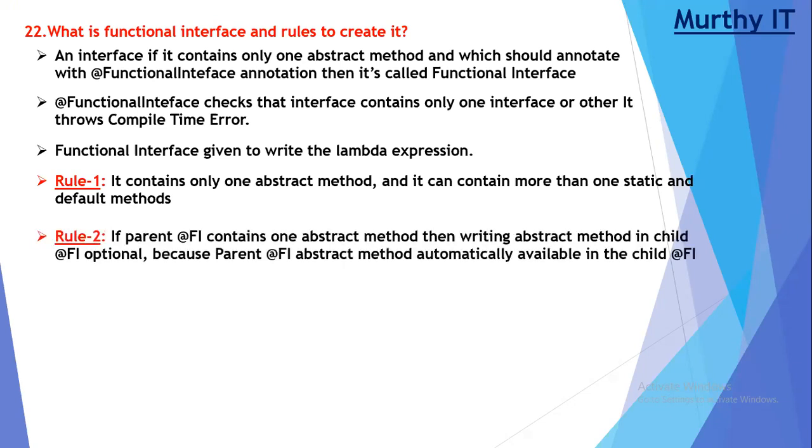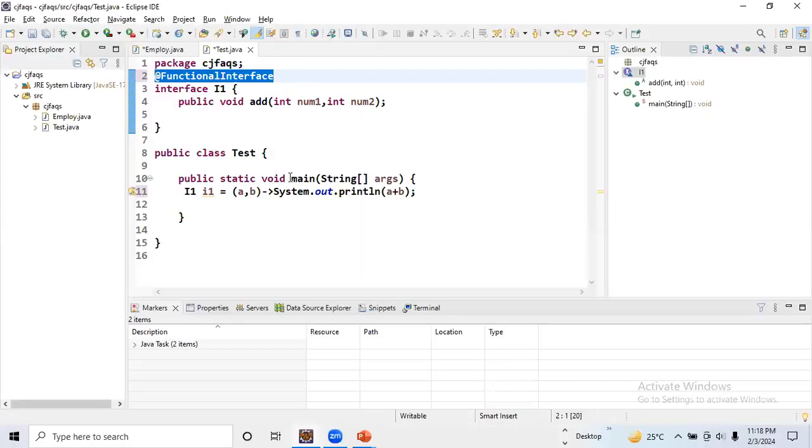Rule 2: if a parent functional interface contains only one abstract method, writing the abstract method in the child functional interface is optional, because the parent functional interface's abstract method is automatically available in the child functional interface.